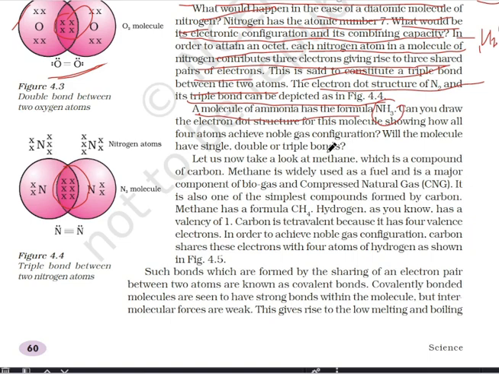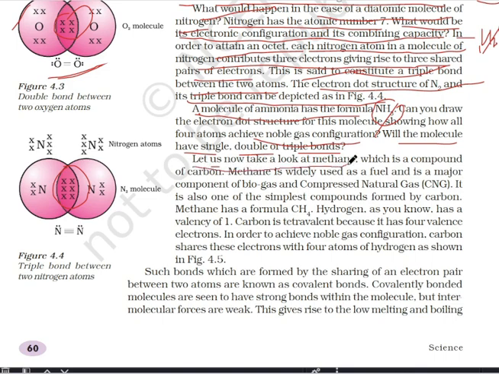Now can you draw the electron dot structure for the molecule showing how all 4 atoms attain noble gas configuration? Will the molecule have single bond, double bond or triple bond? In H2O it will be a single bond. In NH3 it will be a single bond.